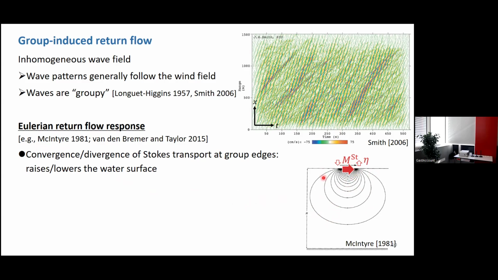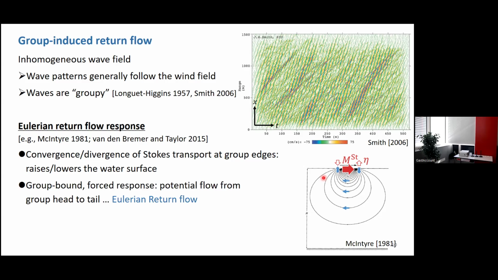However, the long gravity wave adjustment tries to keep the surface flat. So the Eulerian velocity is pumped in at the head of the wave groups and sucked up at the tail of the wave groups.